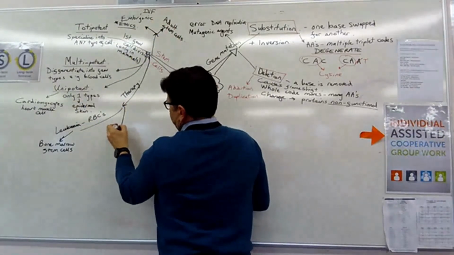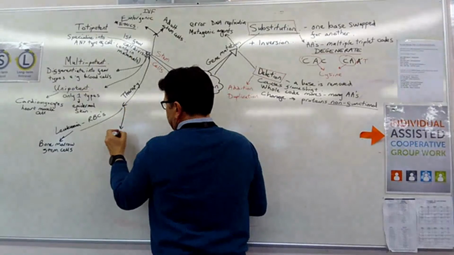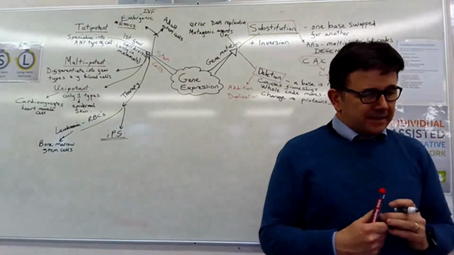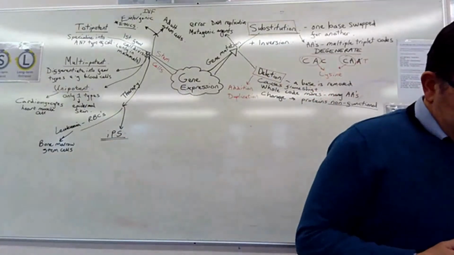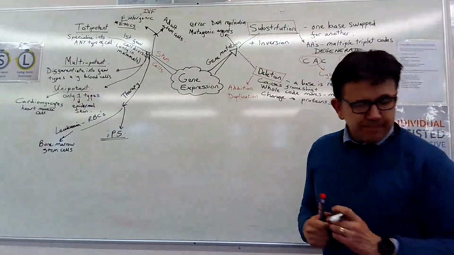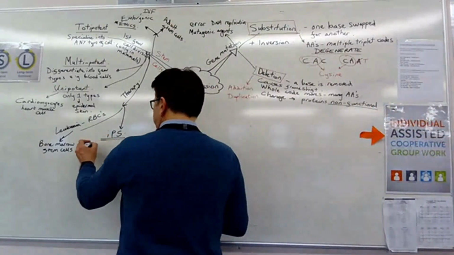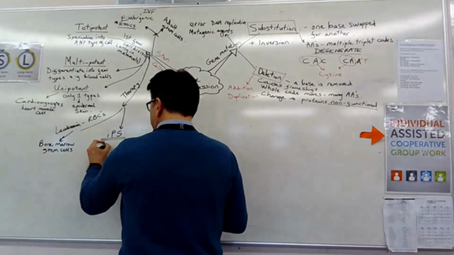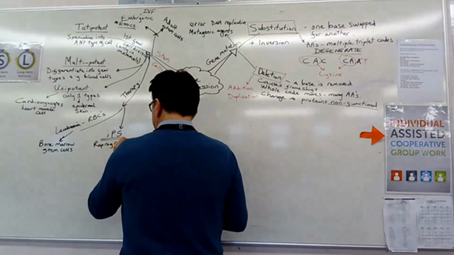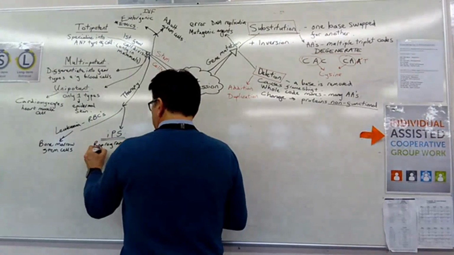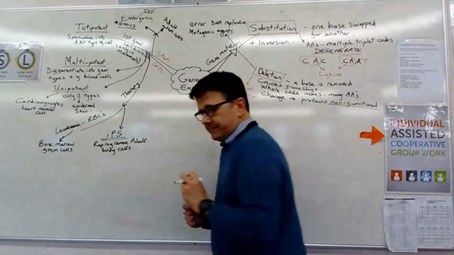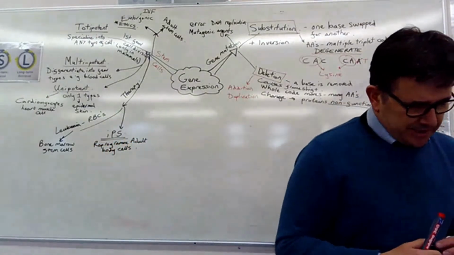Let's go down to the therapy, and I want to talk about IPS. What's IPS, please? Yeah, induced pluripotent stem cells. You can reprogram adult body cells to make them behave like embryonic stem cells.